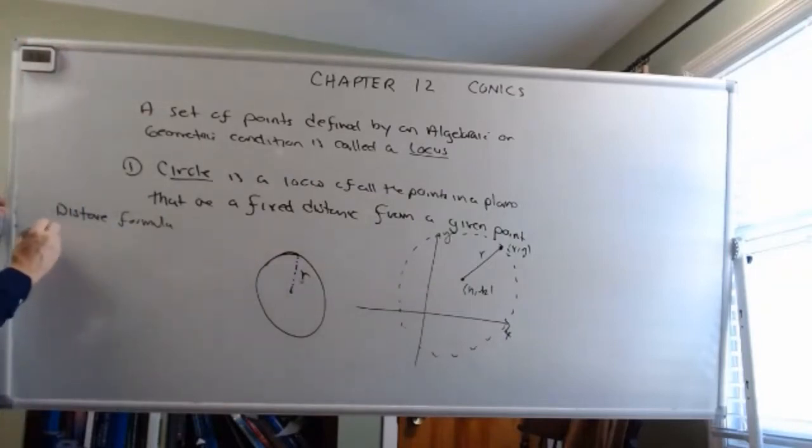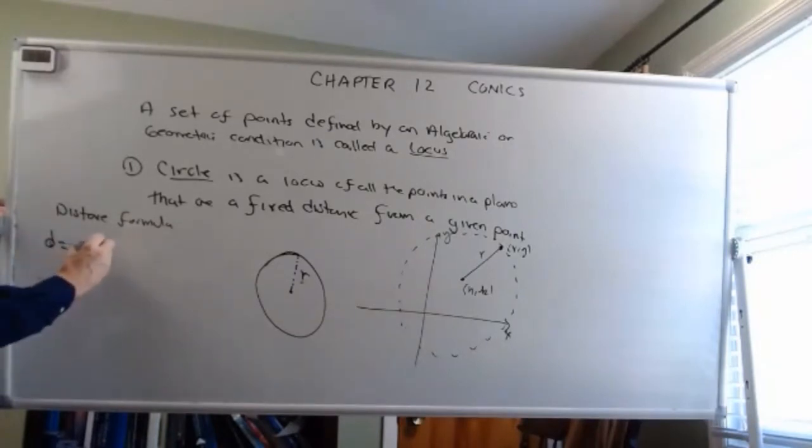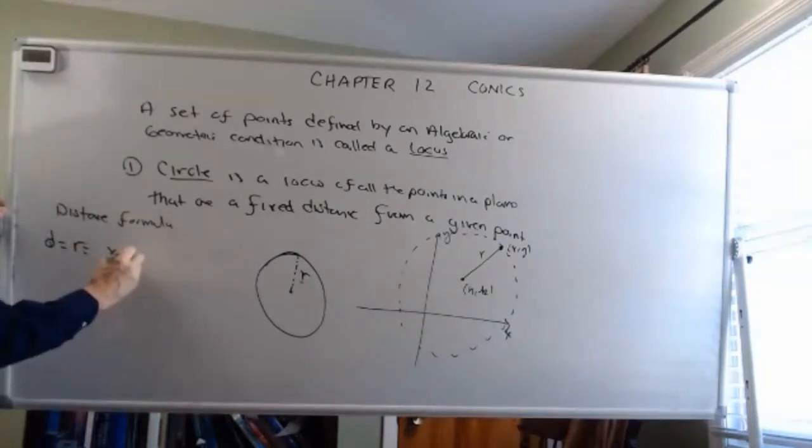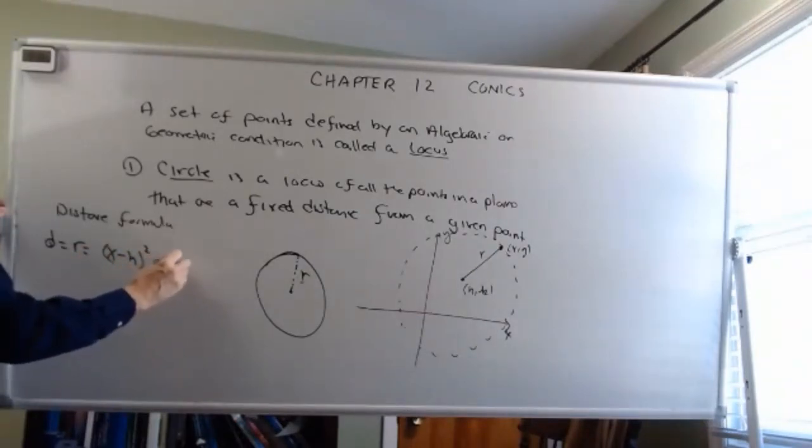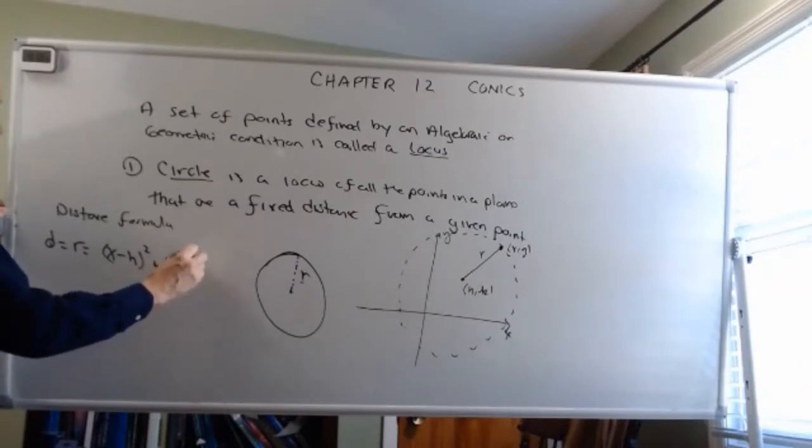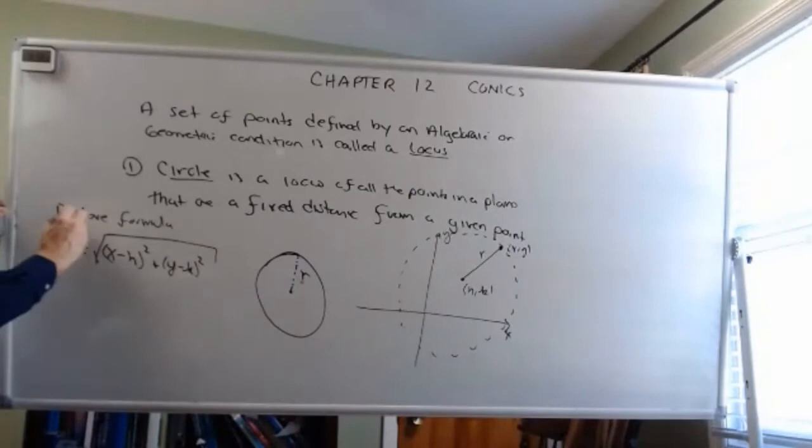My distance formula, the distance, which I'm calling r for the radius, is just x minus h, quantity squared, plus y minus k squared, square rooted. That's just using the distance formula, another geometric analytic tool that we have.